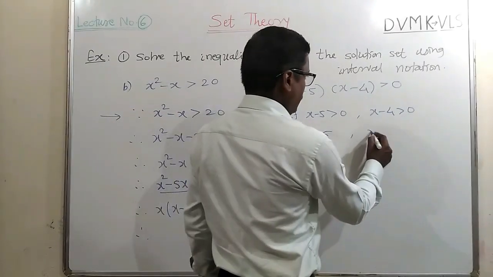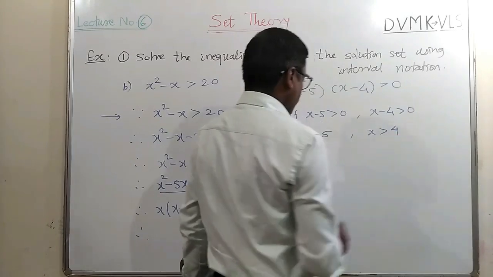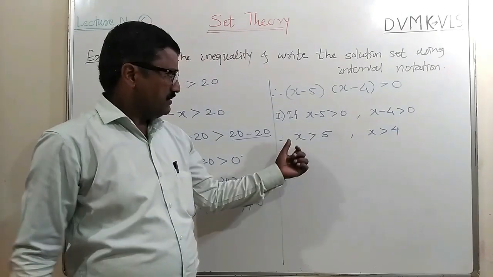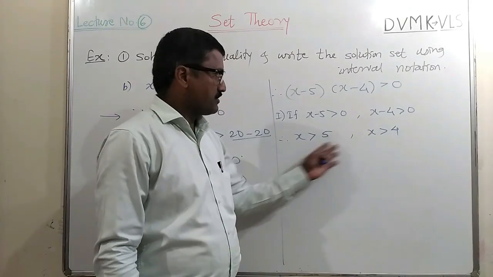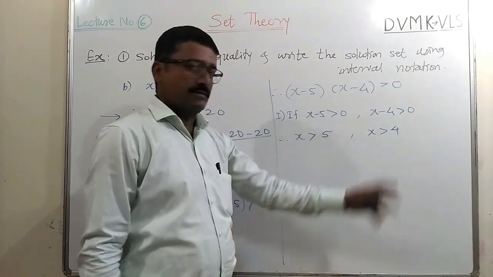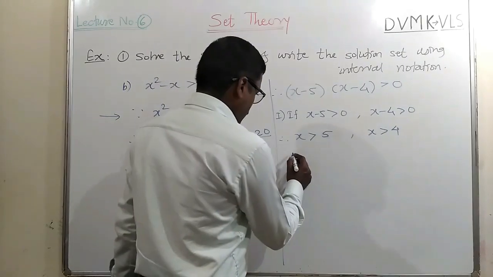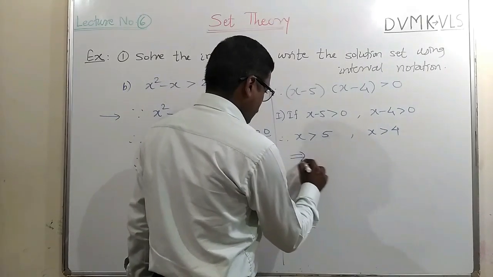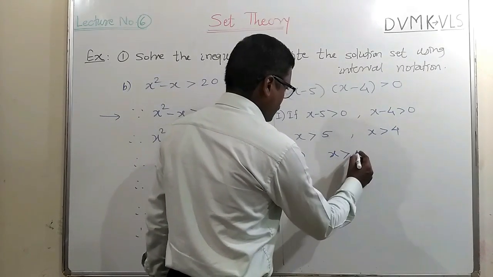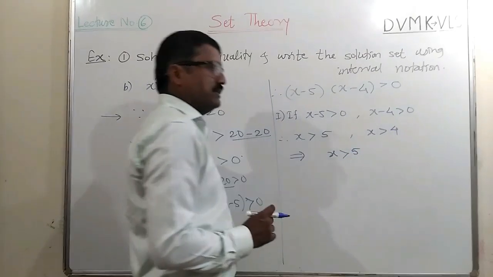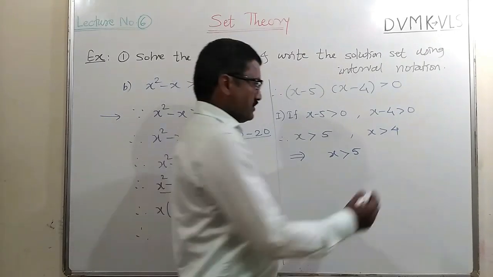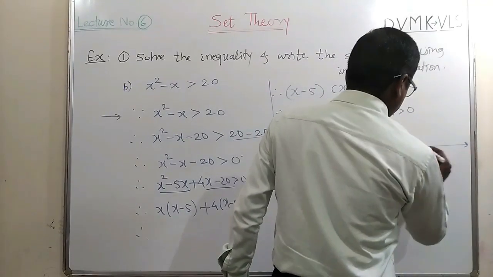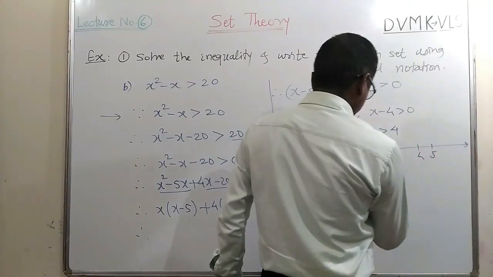Here we get x greater than 4. This statement says x greater than 5, x greater than 4. Which one is true, or can we write the combined result of these two? This implies x is greater than 5, because a number which is greater than 5 is always greater than 4, because on the number line 4 will be here, 5 will be here.